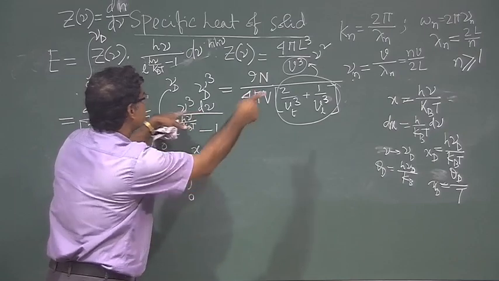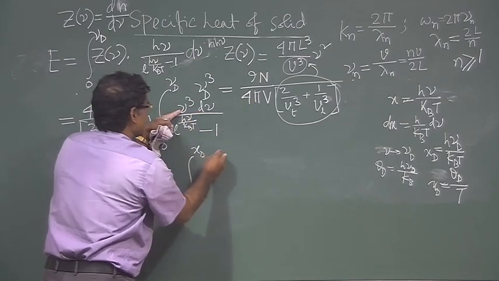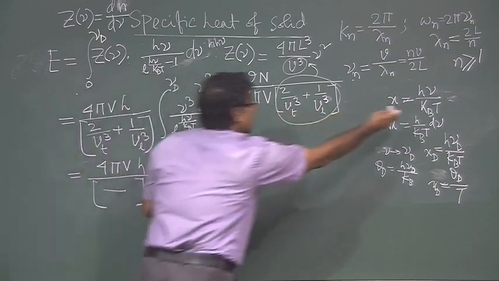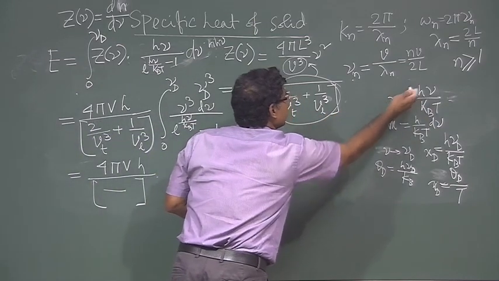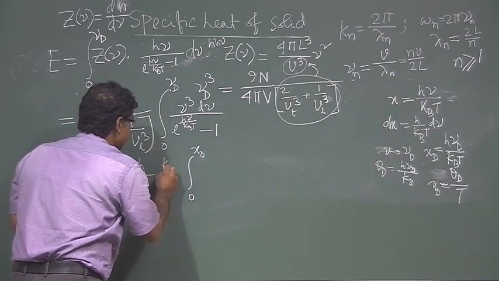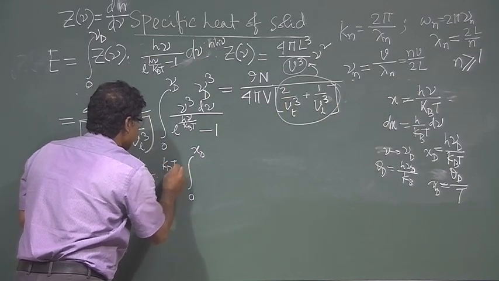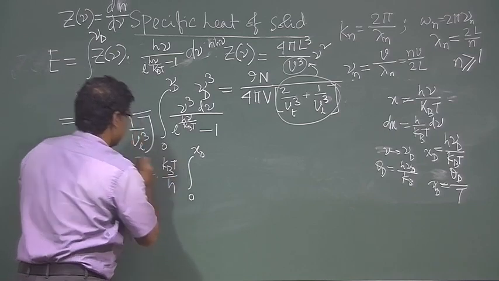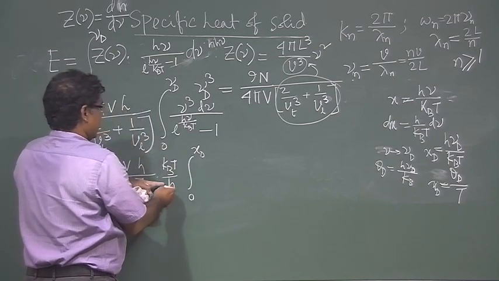Now, nu I will replace by x. So, nu cube means I am getting kBT by h, okay, into x.